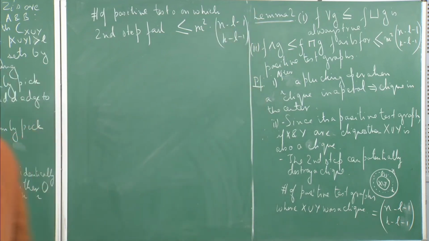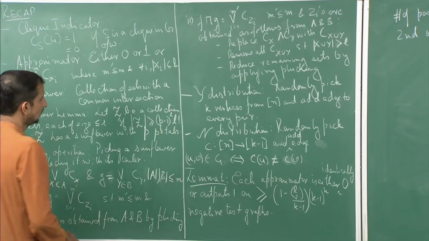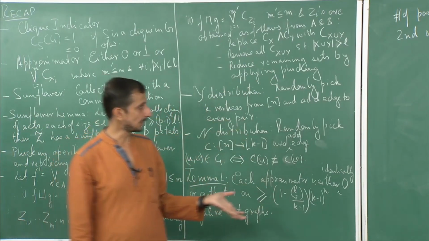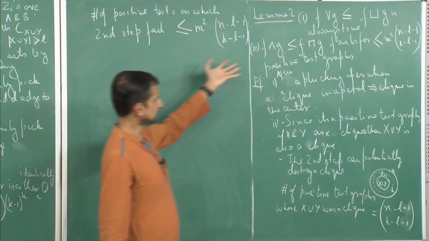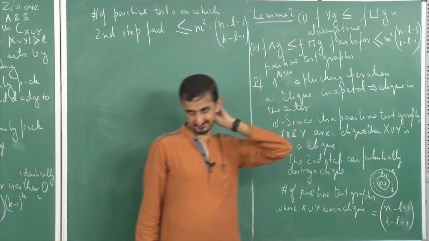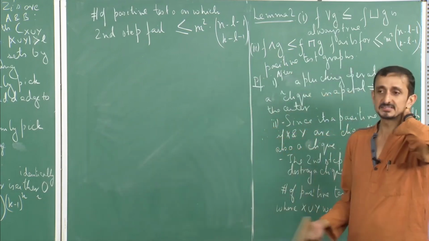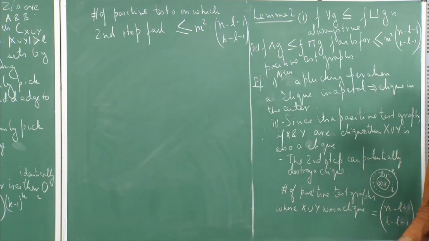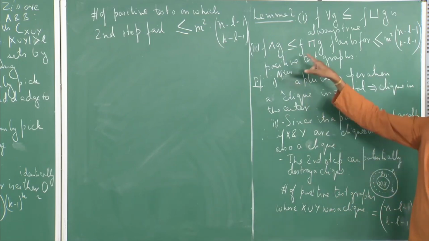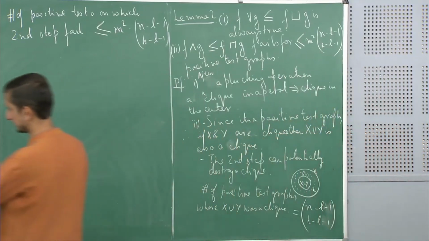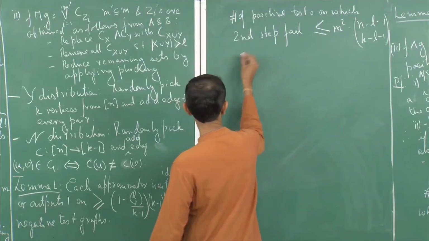Right. Now, what about the third step? If I apply the plucking procedure, what happens to the approximation? So once again note that the plucking procedure does not destroy a clique, right. So if a petal had a clique, then the center also has a clique. So therefore, as a result of the plucking procedure, this does not get disrupted. So that actually doesn't matter what graph it is.